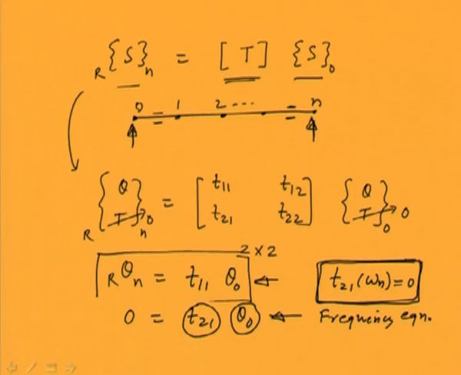for finding the mode shapes corresponding to each of the natural frequencies, what we have to do, we have to come back to this particular equation. Let us go to the next slide. Because this T11 is a function of omega n.